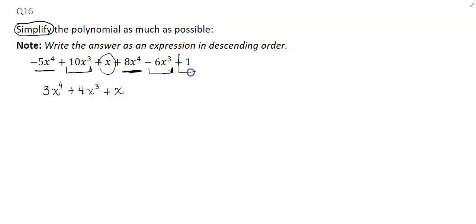And the constant 1 only happened one time. Pay attention that it was asked to write the expression in descending order of degree, right? So degree 4, degree 3, degree 1, degree 0. And then that's it.